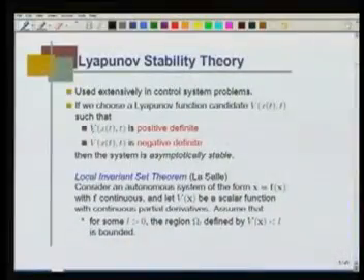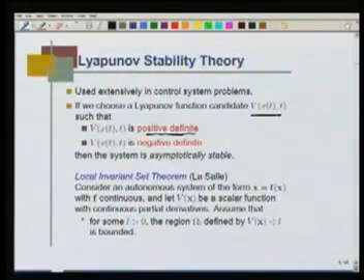What is a Lyapunov function? For a system that is defined in the state space x(t), V(x) is a Lyapunov function if it is positive definite, and it grows, that is, V(x(t)) increases as x(t) increases.